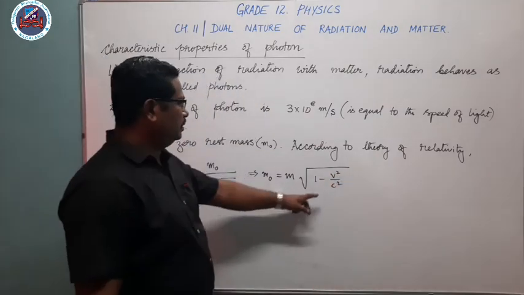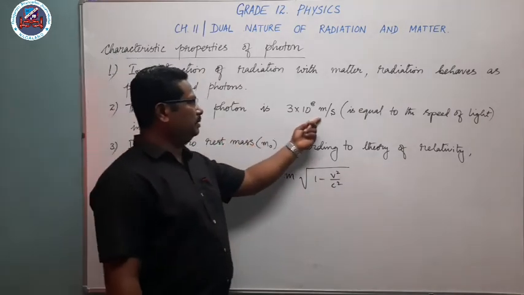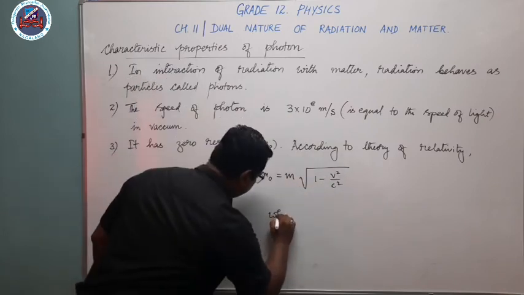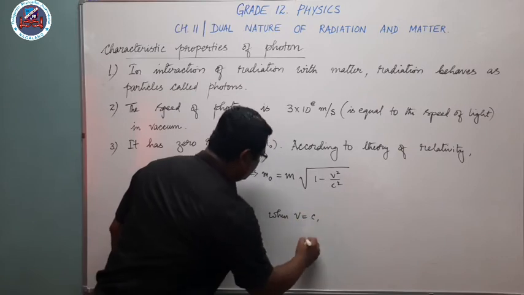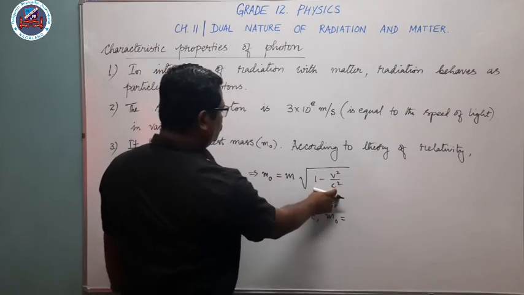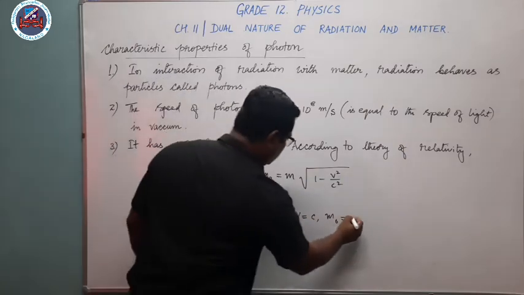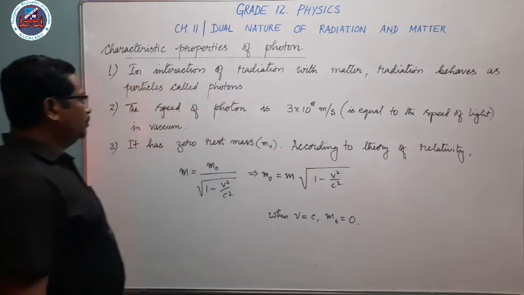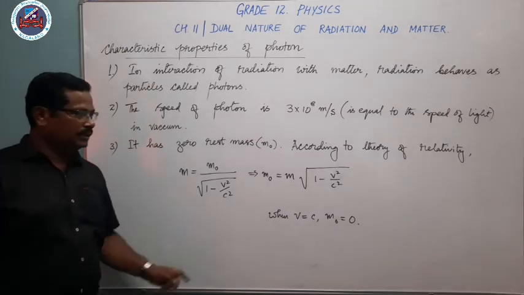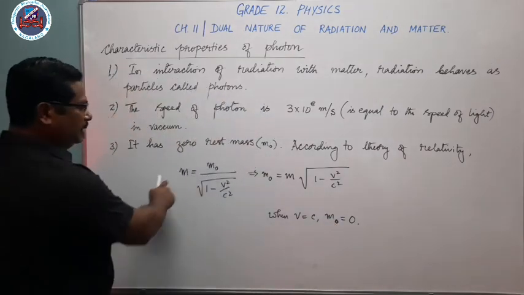Now we know that v, the speed of photon, and the speed of light are almost the same. When v is equal to c, 1 minus 1 is 0, root over 0 is 0, 0 into m is 0, so m naught will become 0. So a photon does not have mass when it is at rest. When it moves, then only it will have mass, and that mass we call the inertial mass m.